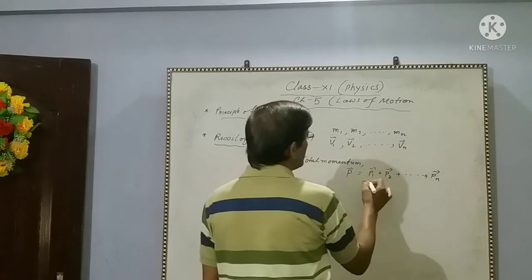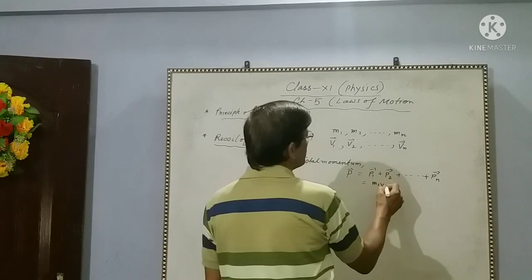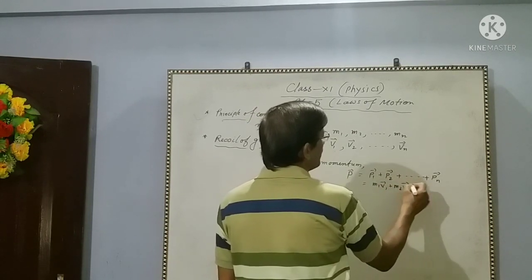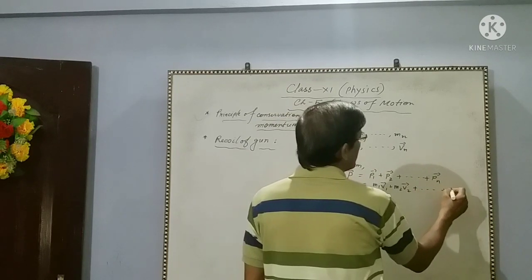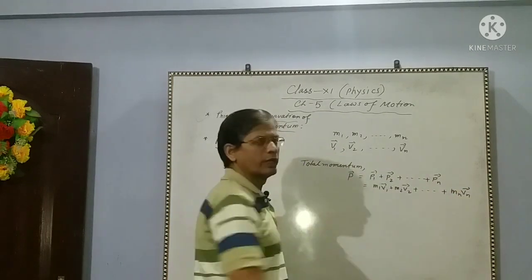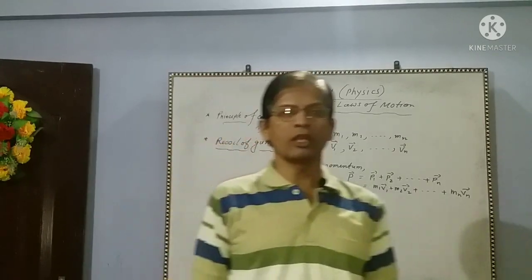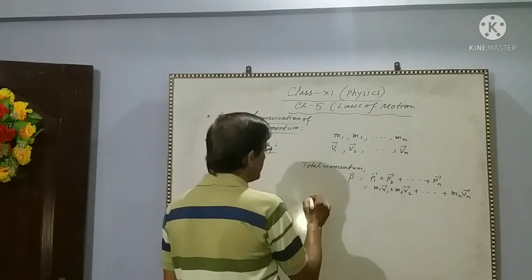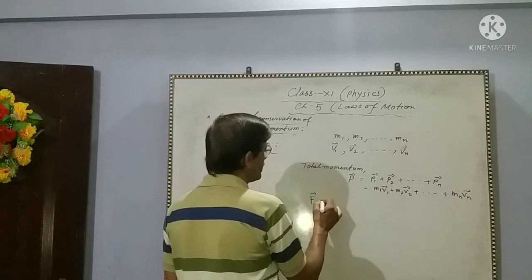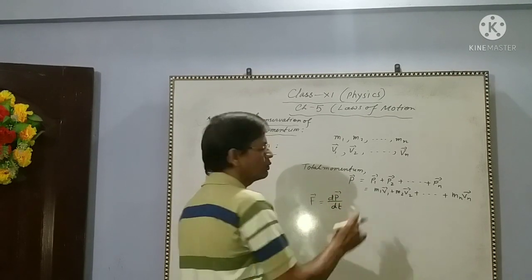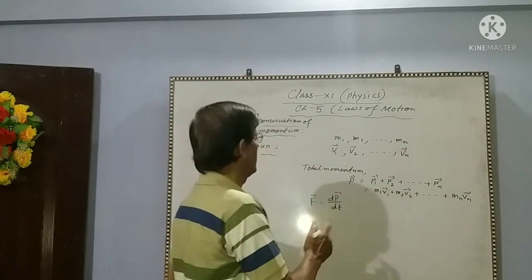That means m1 v1 plus m2 v2 plus up to mn vn. This is the total momentum. Now according to Newton's second law of motion, F equals dp by dt.